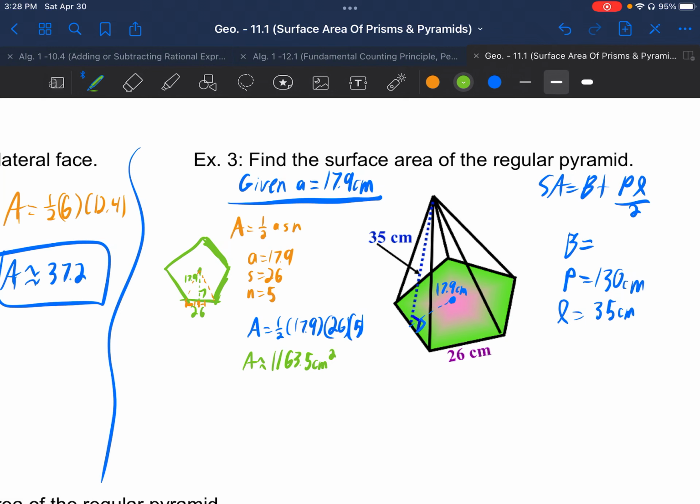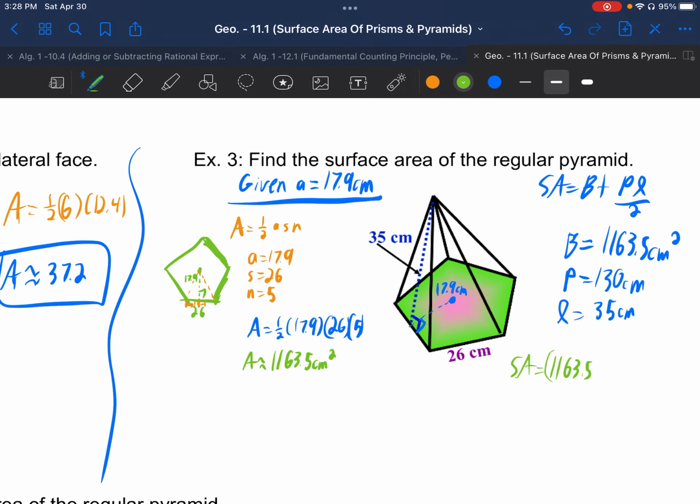So now we plug that in for our B. And we plug all three of these pieces of information, the capital B, the capital P, and the L, into our surface area formula.